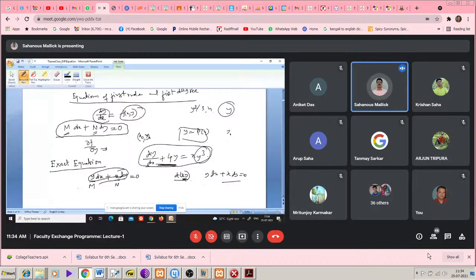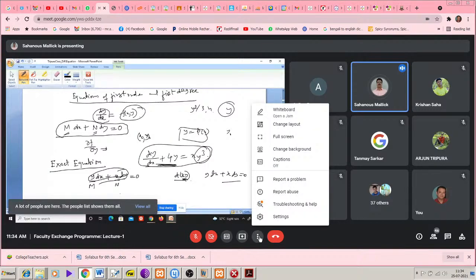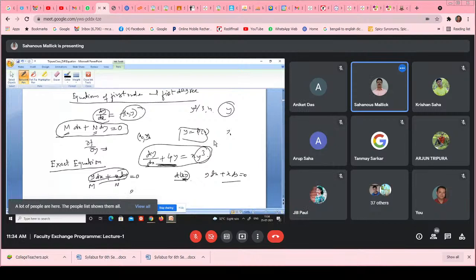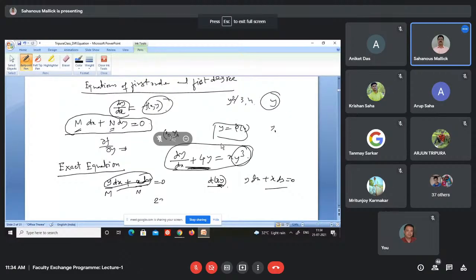Now we give another example of an exact differential equation: 2x²y dy plus 2y²x dx equal to 0.